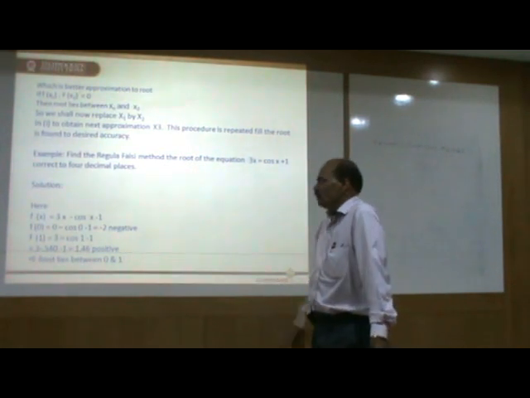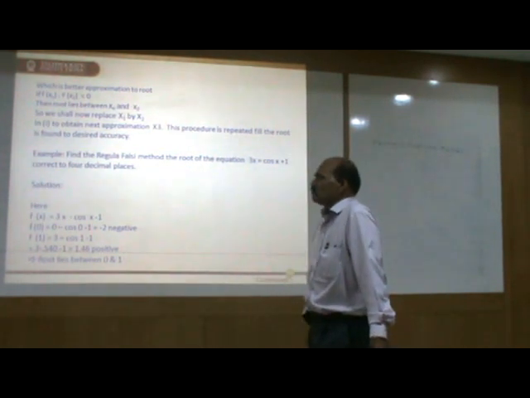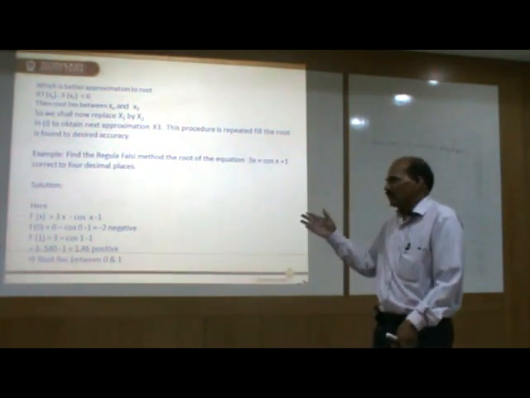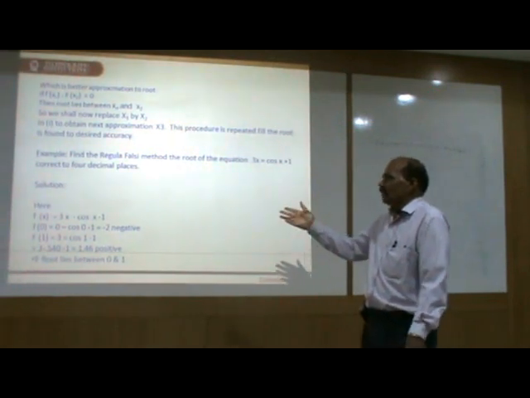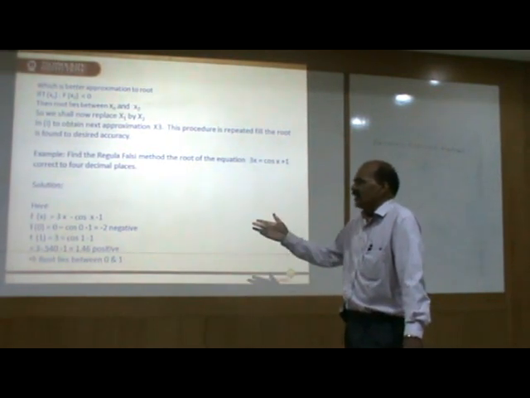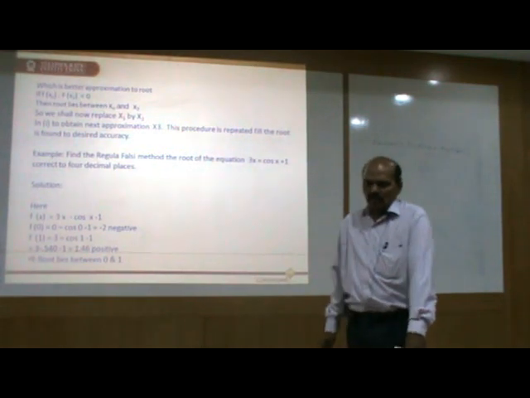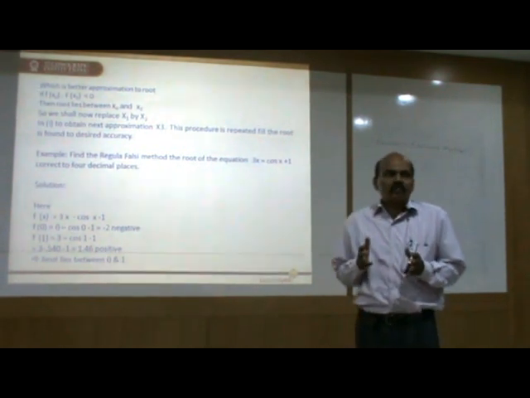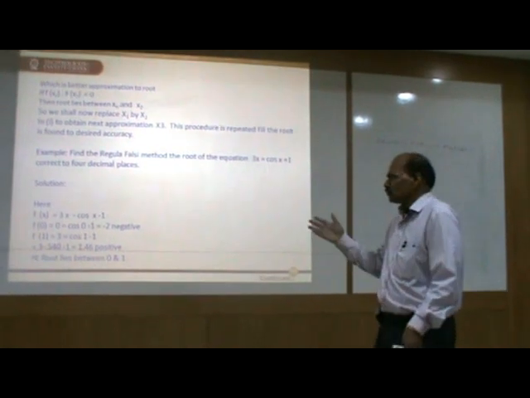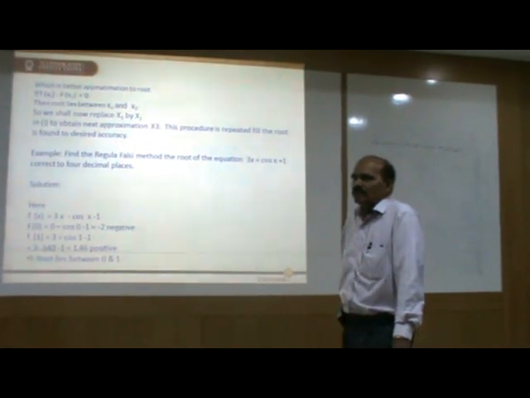At 0 the value of the function comes out to be negative. At 1 the value of the function comes out to be positive. It is 1.46 as given in this PowerPoint presentation. Therefore, this indicates that the root lies between 0 and 1. Now, our bracket of root is 0 and 1. This is our interval of root.